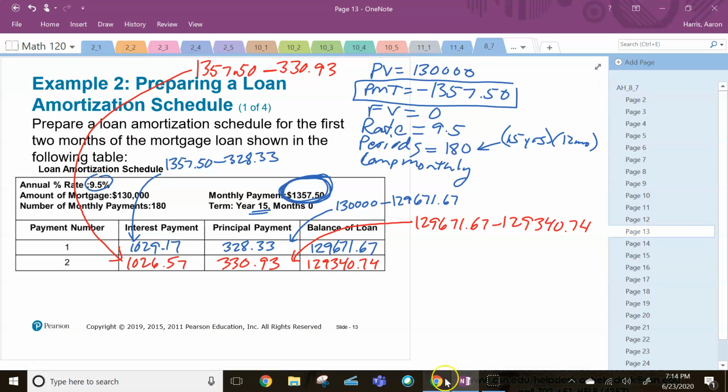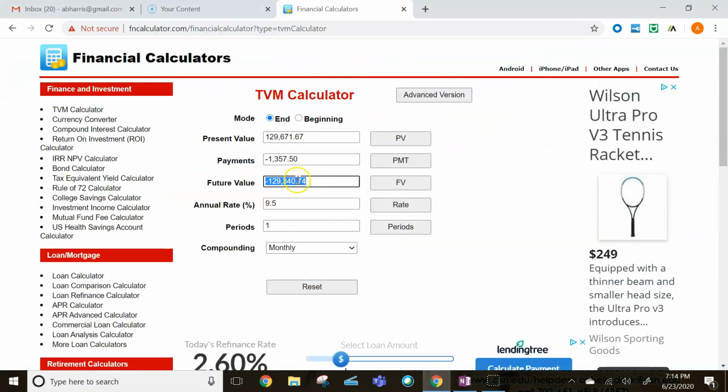Going with this, repeat this. So now the 129,340.74 goes up here. I make one payment, 9.5% for this amount. I'm going to solve for this.